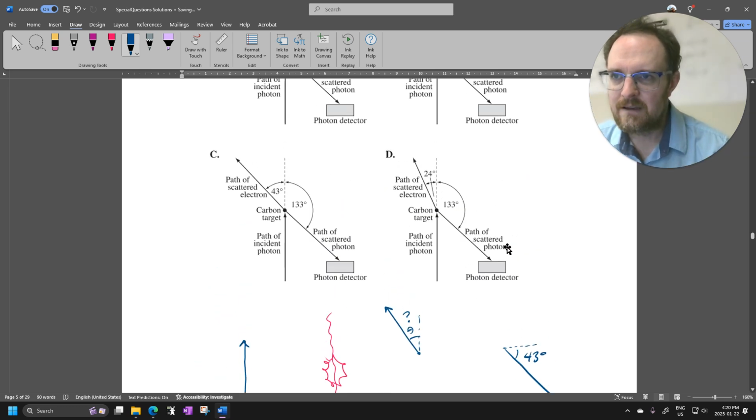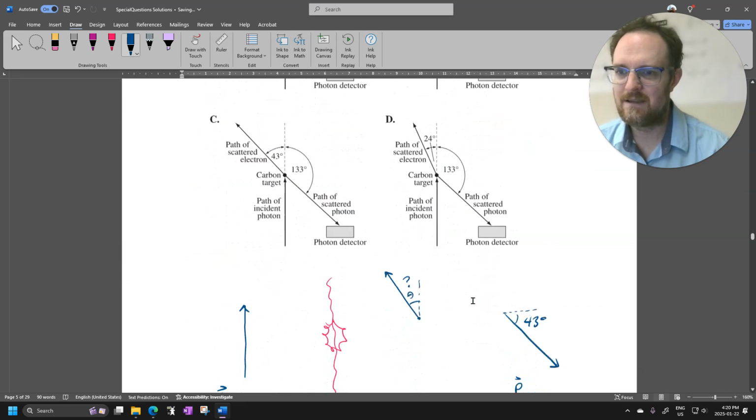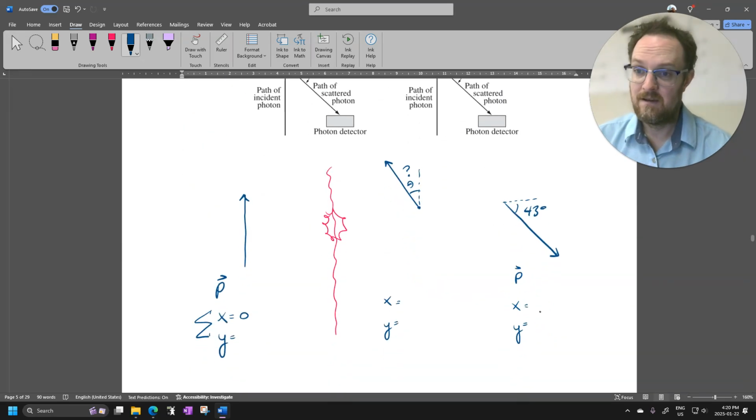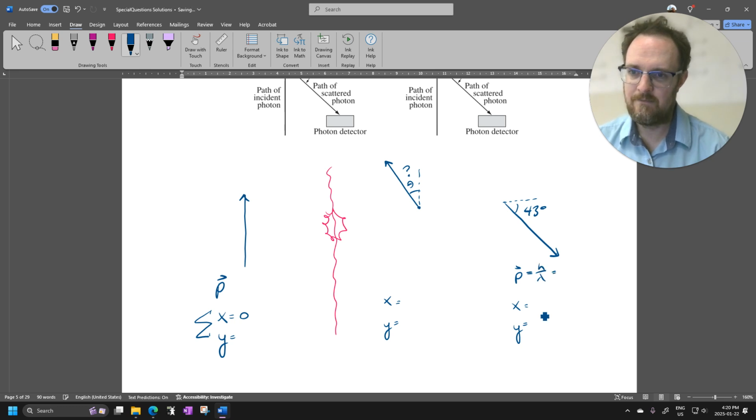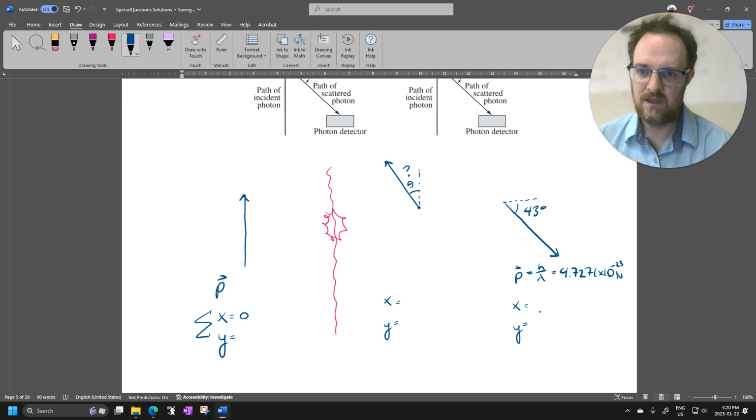This is the wavelength with all the decimals of the final one. So I'm going to use that to calculate this momentum afterwards using h over lambda. So 6.63 times 10 to the negative 34 divided by this answer. So this is going to be 4.7271 times 10 to the negative 23 Newton seconds.